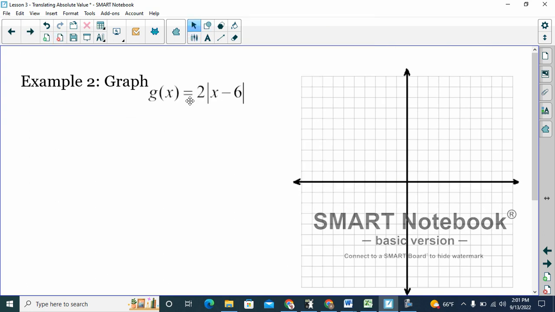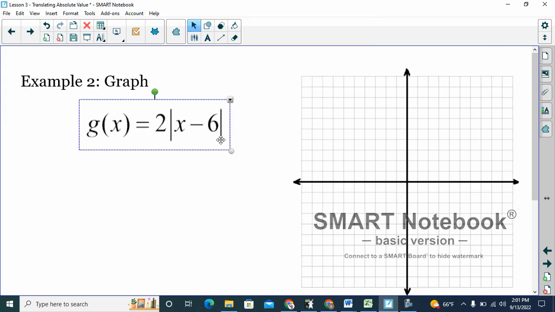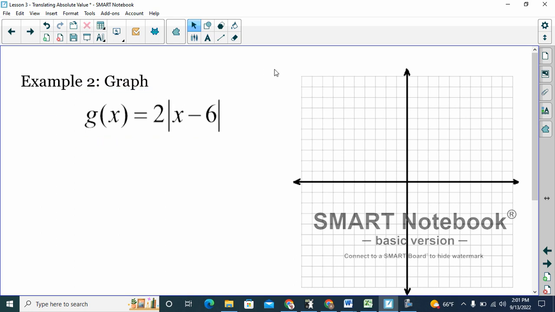Example 2 asks us to graph g of x equals 2 times the absolute value of x minus 6. The minus 6 is next to the x, which means it's a horizontal translation.